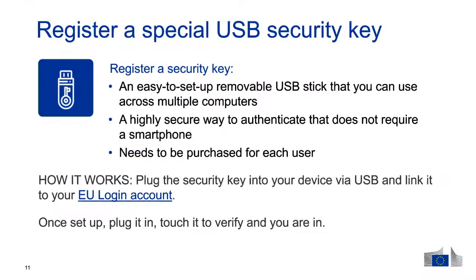It's the highly secure way to authenticate. It does not require a smartphone if you do not want to use your smartphone or if you don't have a smartphone. And you then have simply to plug in the security key into your device via USB and link it to your EU Login account. And once it is set up, the access is very, very easy.